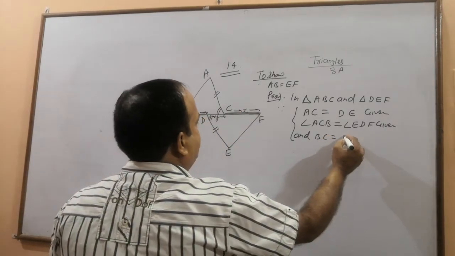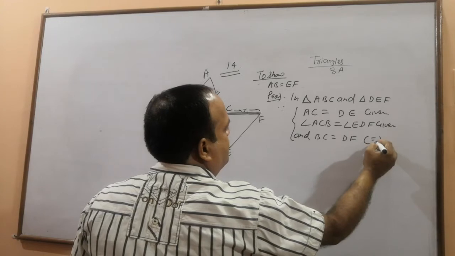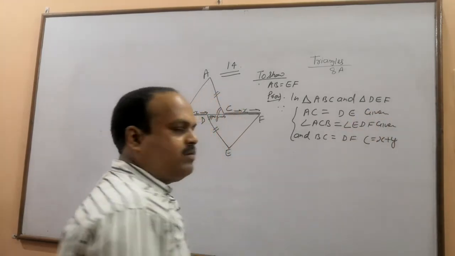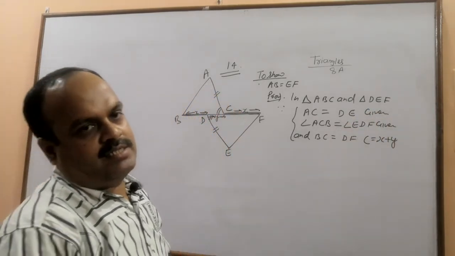So you can write BC equals to DF because both are equal to x plus y.